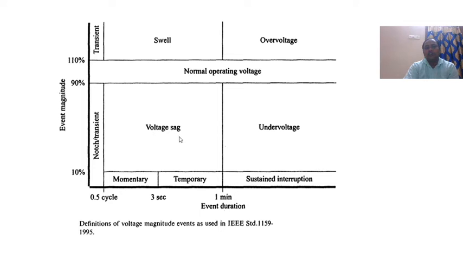Before 1 minute, we will call it voltage sag. Above 1 minute, we will call it under voltages. Above 110%, we classify into transients, swell and over voltages. Before 0.5 cycles, that is a transient. Before 1 minute, we will call it swell. After 1 minute, we will call it over voltages.